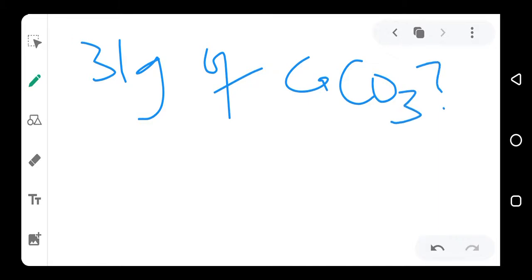How many moles of calcium carbonate is contained in 31 gram of calcium carbonate?